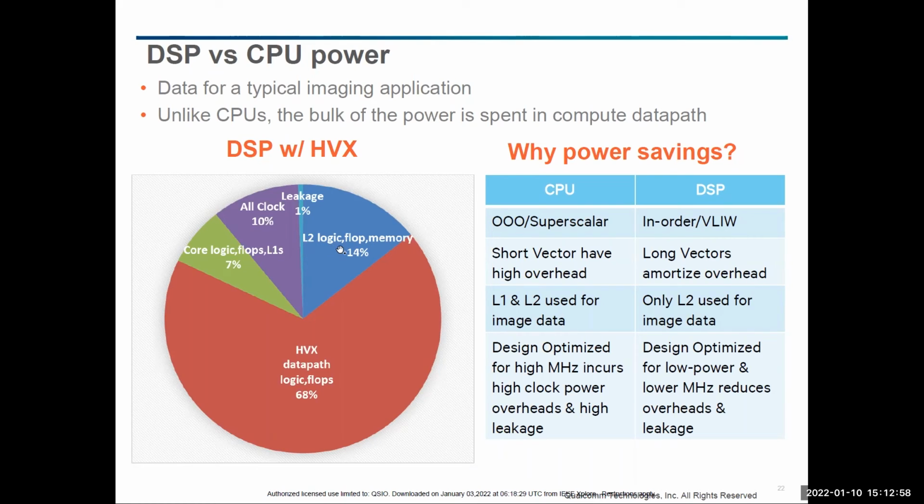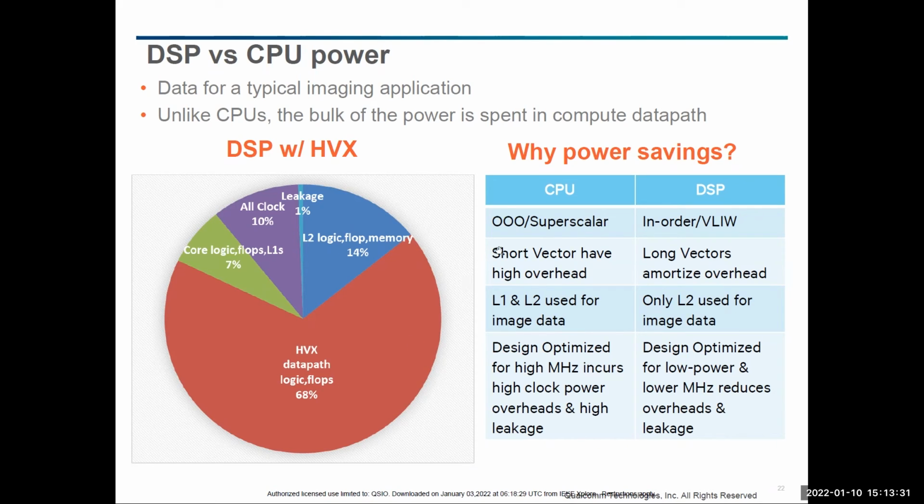The L2 flip-flops or the memory related operations take around 14%, and the core logic takes 7%. The remaining 68% goes into the HVX processing. So whenever we are running any of our algorithms, in terms of energy computation, 68% of the energy is being consumed by the HVX processor or the coprocessor.